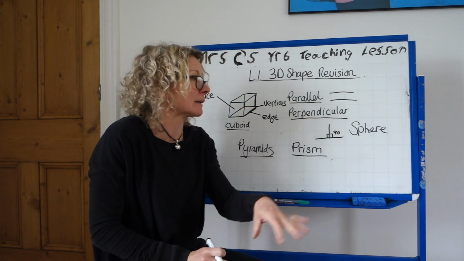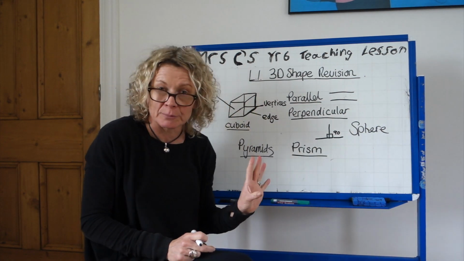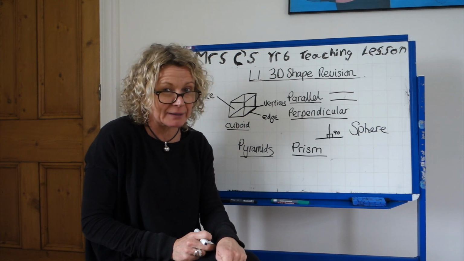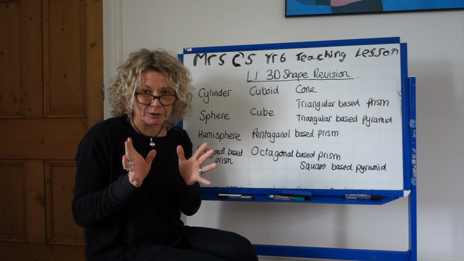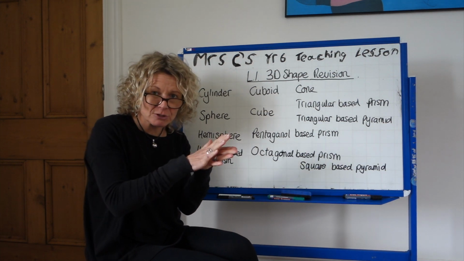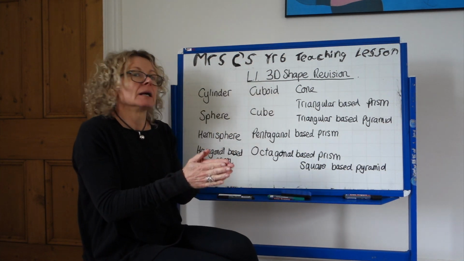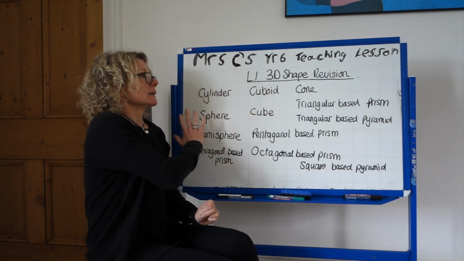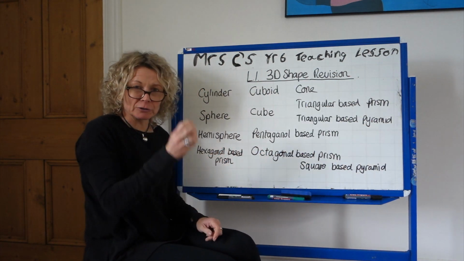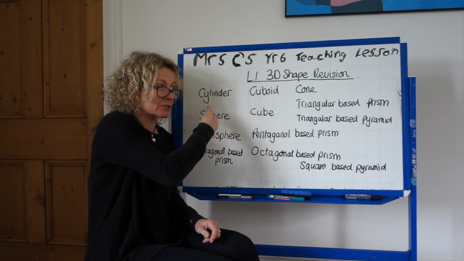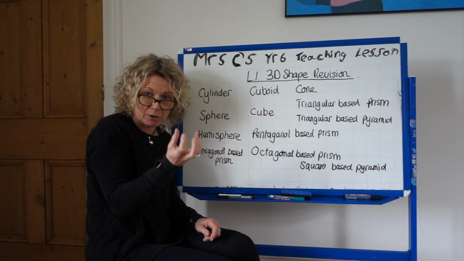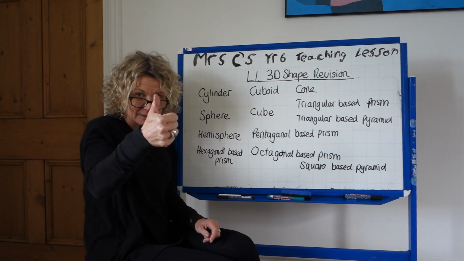So give me a second, I'm going to do a quiz for you on the board and see how you get on with that. Okay, right, so it is time to do some work now. So on your page or on your piece of paper, you need to write number 1. These are all the answers. I'm going to hold up the 3D shapes one at a time and you write the answer that you think the first one is by number 1 and then I'll pass the next one. Here we go.